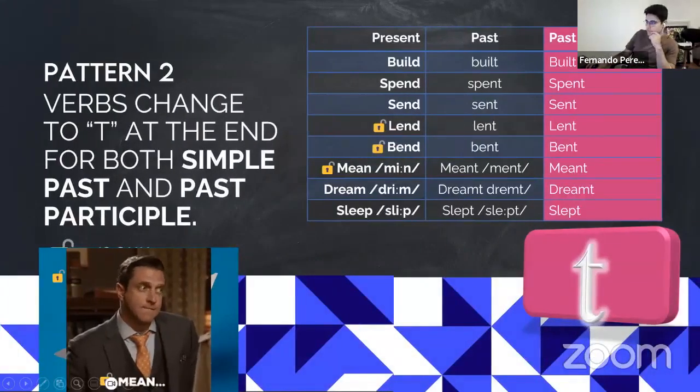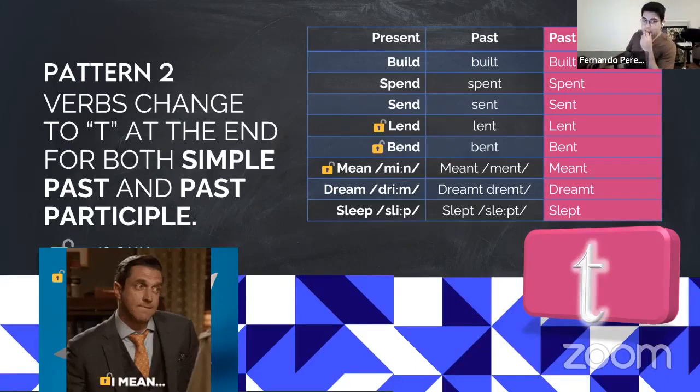Pattern number 2. In pattern number 2, we are talking about verbs that change to T at the end of both simple past and past participle. As an example, we have build, spend, and send.